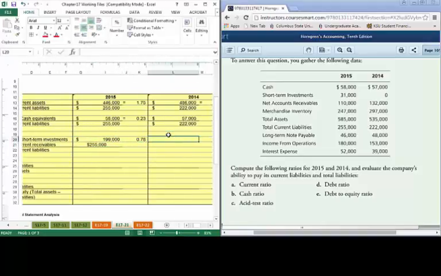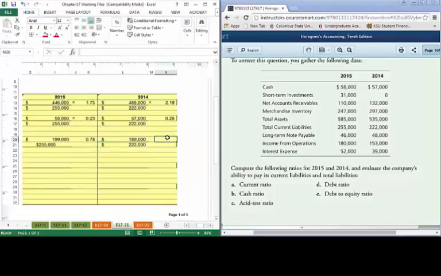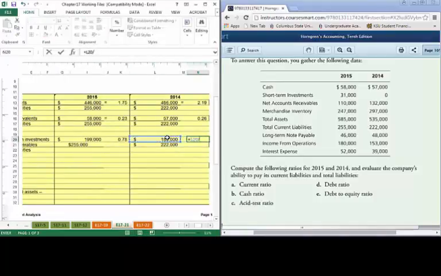And then for 2014, we take 57, and we take that total divided by the current liabilities, and that's 0.85, okay?